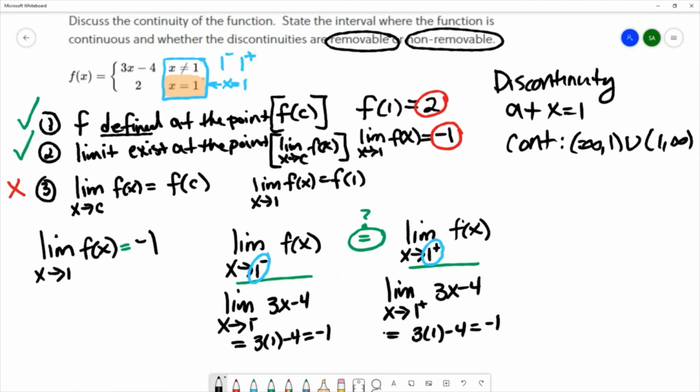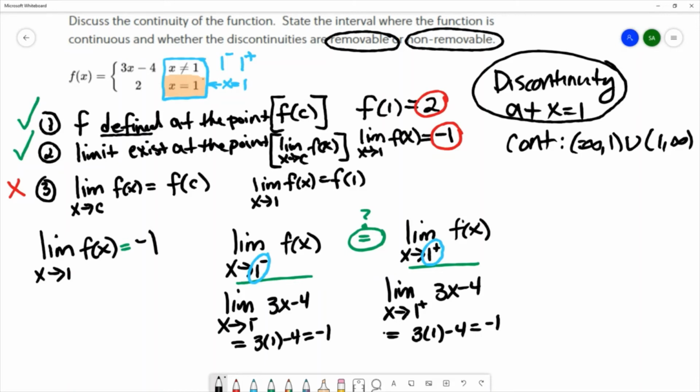For a discontinuity to be removable, you need to be able to change one point of the function to create a continuous function. So if you are able to fill in that discontinuity at x equals 1 with a single point and create a continuous function, then you would say that discontinuity is removable.